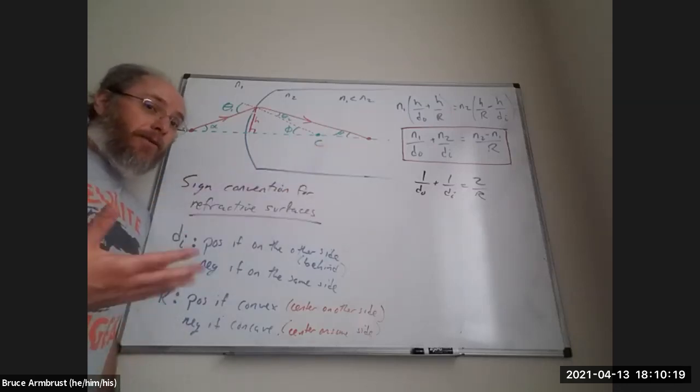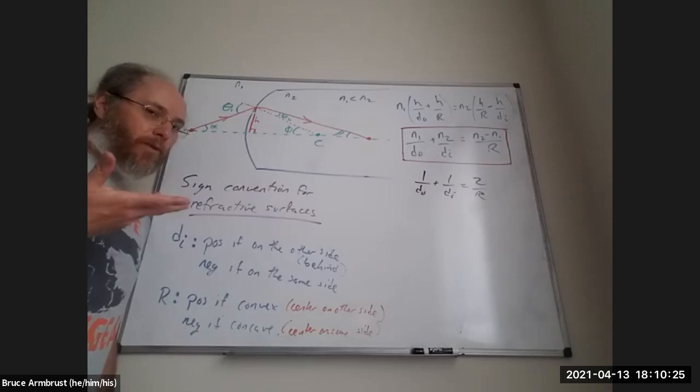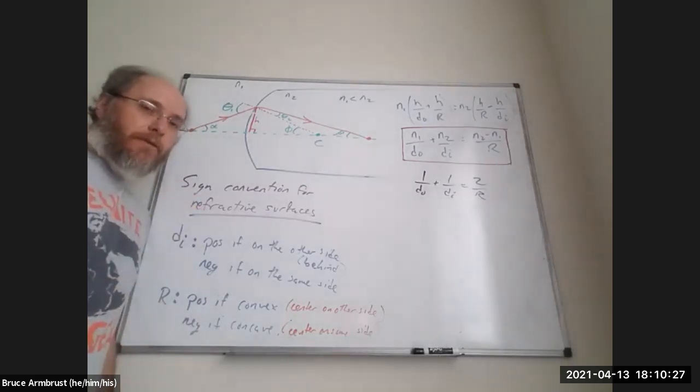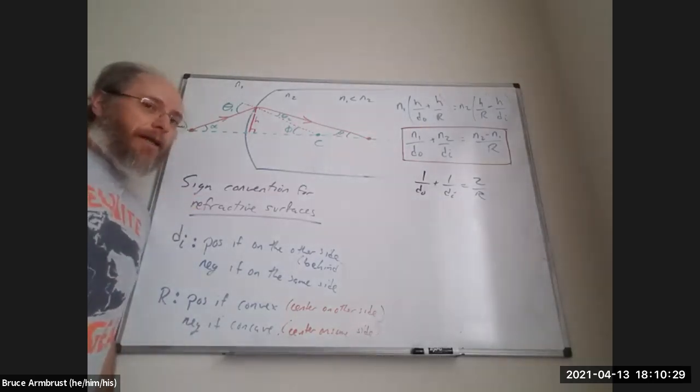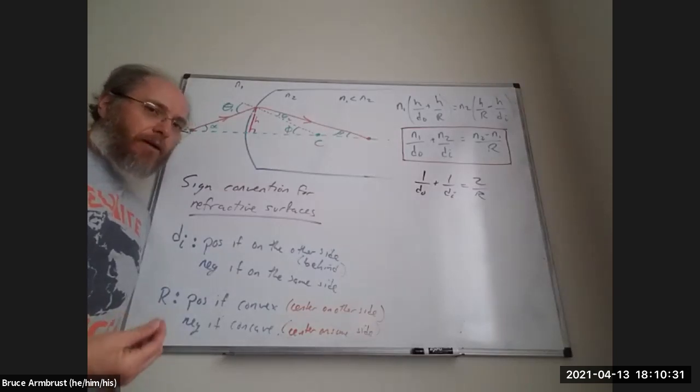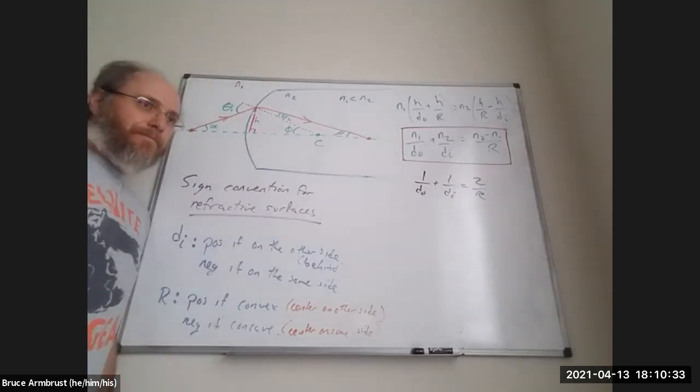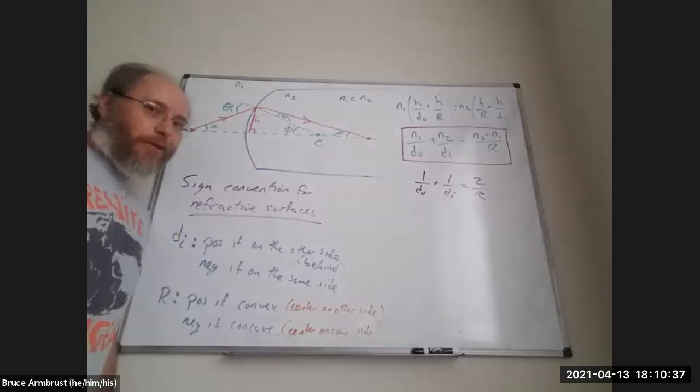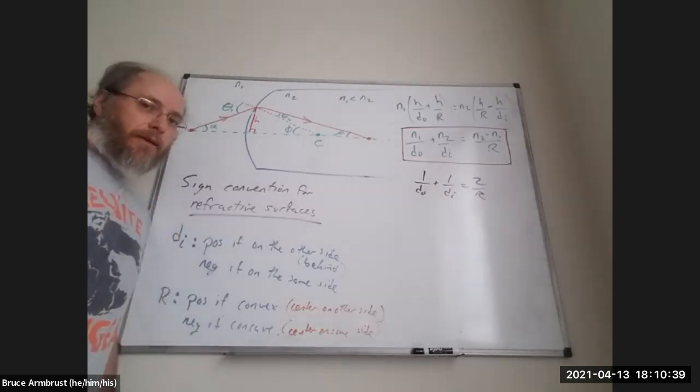I think really the only bad news is that we are restricted to small angles, whatever we want to define small to mean. But as long as we're in small angles, we're good to go.